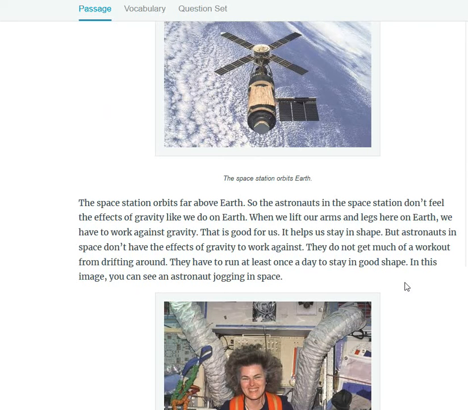When we lift our arms and legs here on Earth, we have to work against gravity. That is good for us. It helps us stay in shape. But astronauts in space don't have the effects of gravity to work against. They do not get much of a workout from drifting around. They have to run at least once a day to stay in good shape. In this image, you can see an astronaut jogging in space.